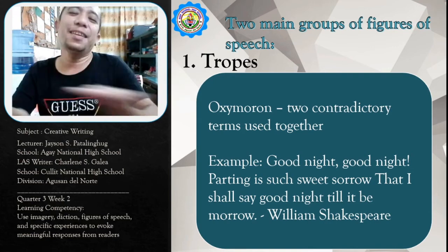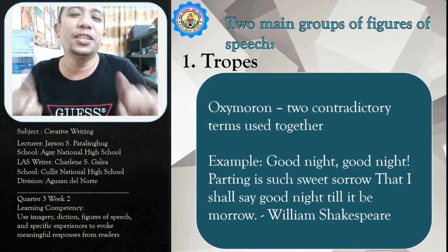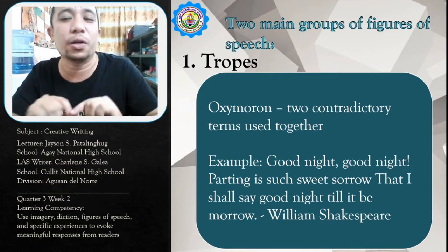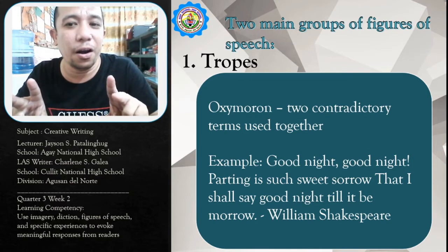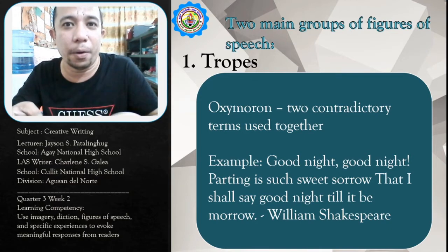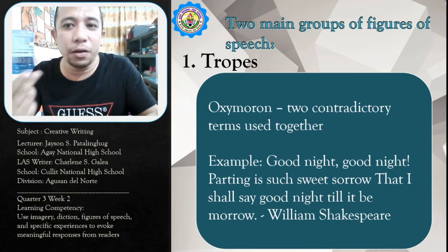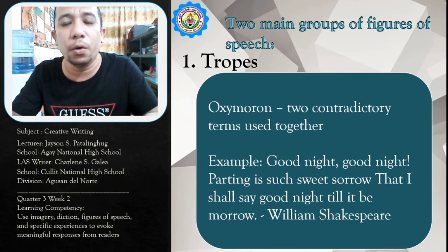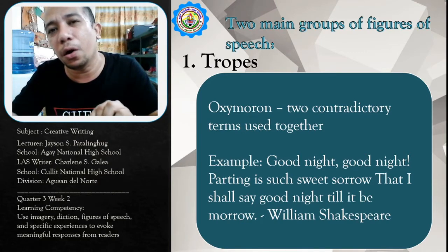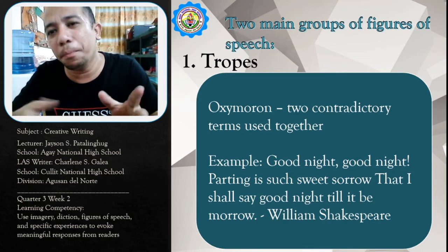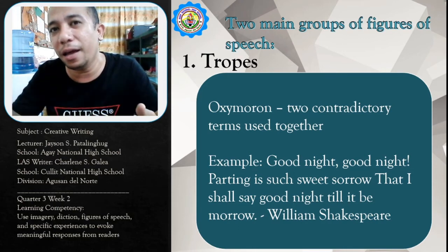So in that line, "parting is such sweet sorrow," that's the oxymoron. There are two things that are opposite to each other: parting and sweet sorrow. What do you mean by sweet sorrow? Sweet is something positive, but sorrow is negative.